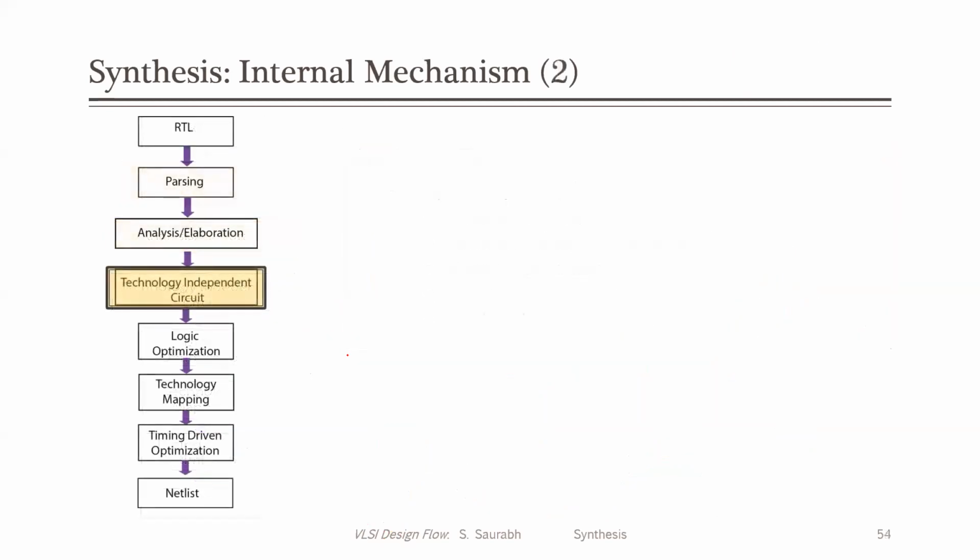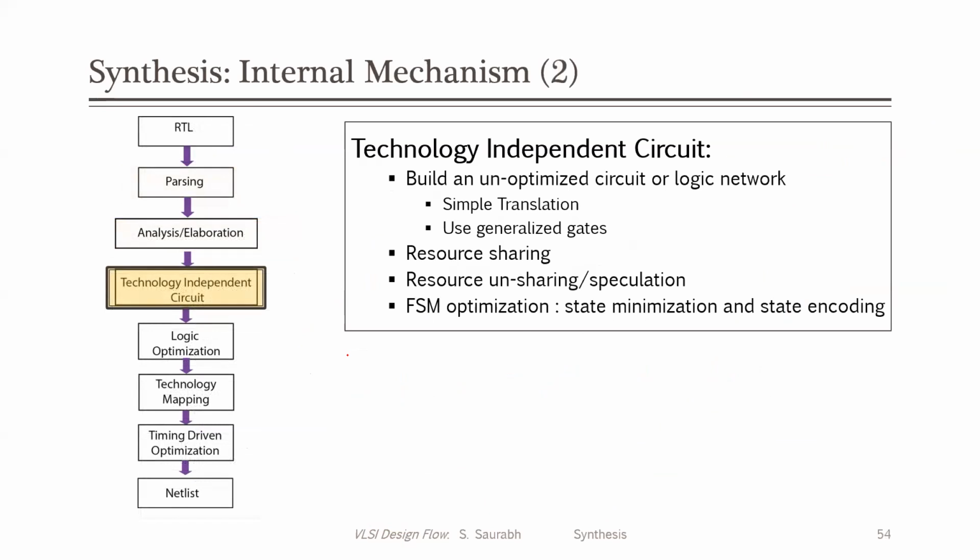After that, a technology independent circuit is created by simple translation of the logic of the RTL. The tool will take the RTL and corresponding to various constructs, it will create a netlist or a crude netlist in which not much optimization is done, and it is based on generalized gates.